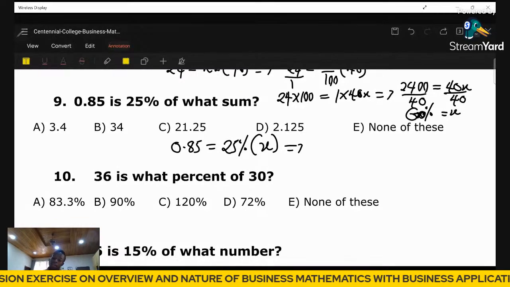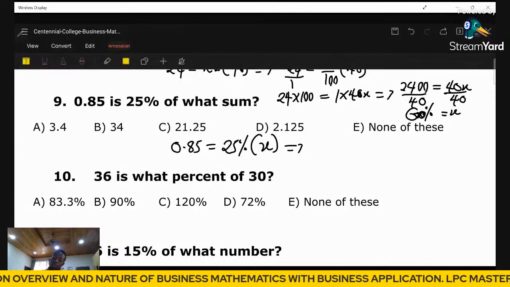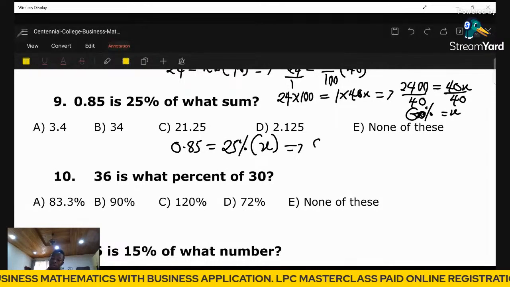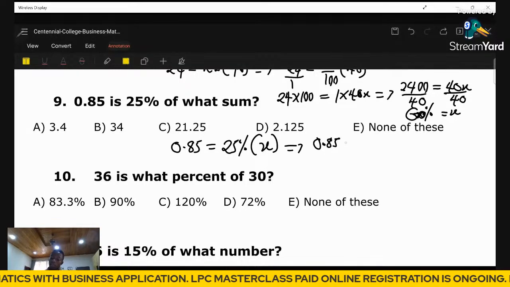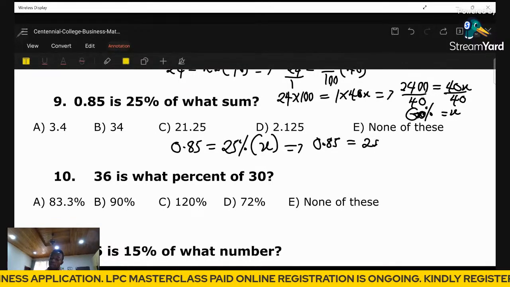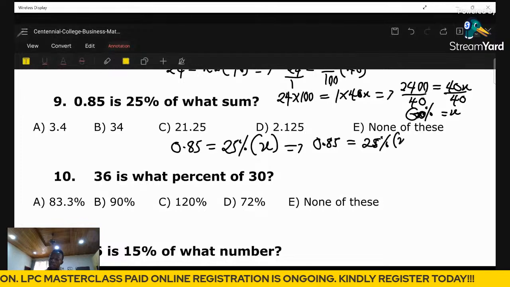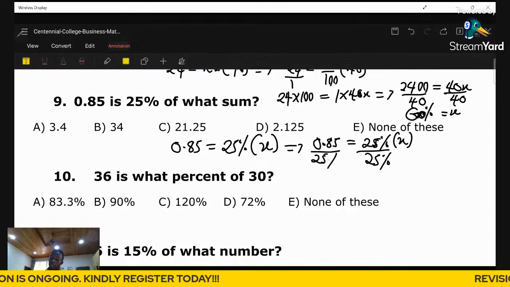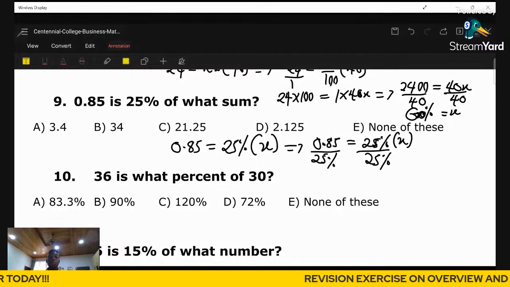So 0.85 should be equal to 25% of X. Here I divide both sides by 25%. And what are we getting as X? The calculator will also help you perform this operation.